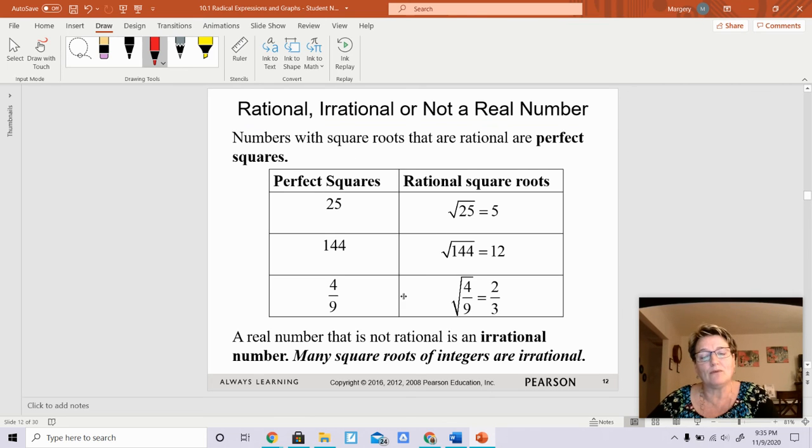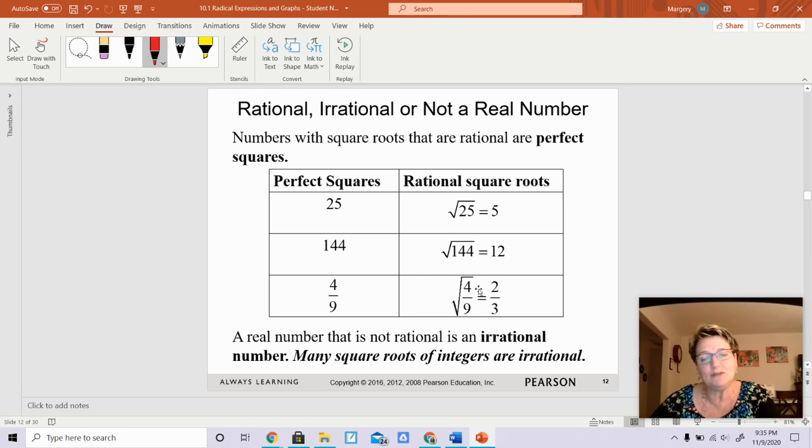Just remember that real numbers can be written as fractions. They have a decimal that terminates or repeats. Like 2/3 is 0.6666666. An irrational number is like pi, meaning it never terminates and it never repeats. It's 3.14 and then the numbers just keep on going and they don't ever repeat, okay?